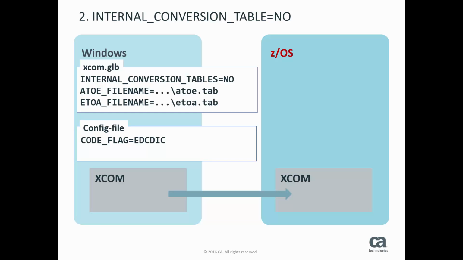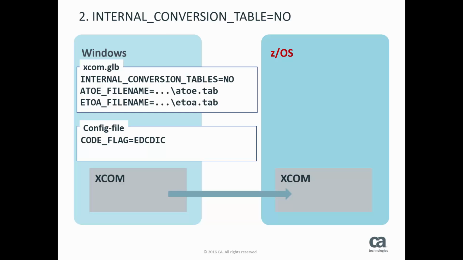When you do not want to use the internal translation table, you need to change the value of the parameter internal conversion tables to no in the XCOM global file. With this done, XCOM uses the translation tables specified in the parameters A2E_FILENAME and E2A_FILENAME.